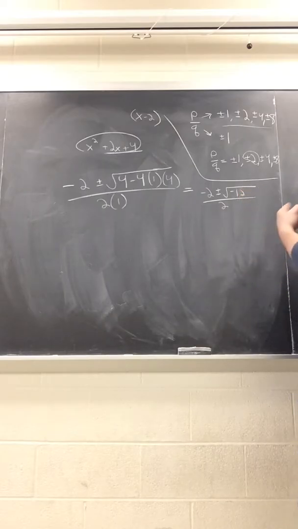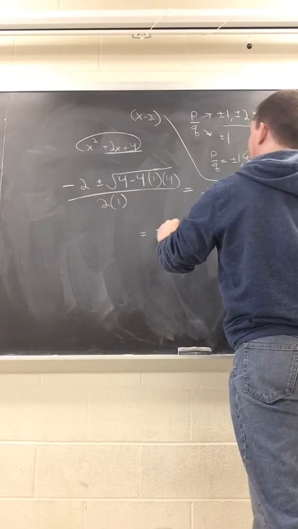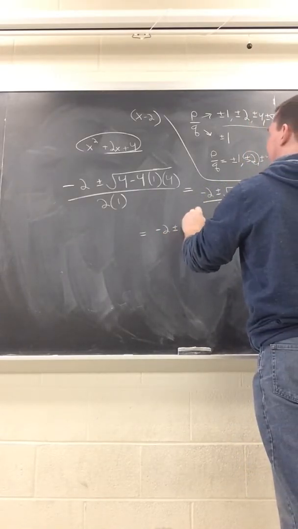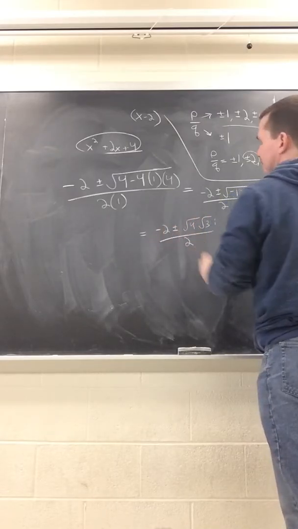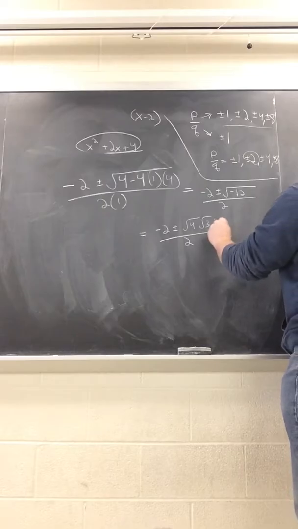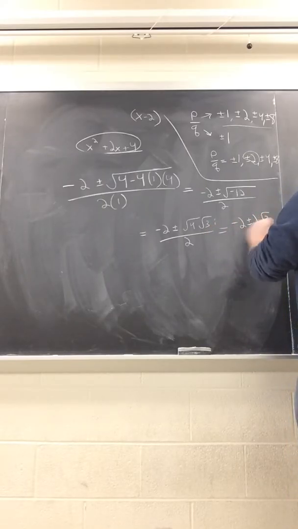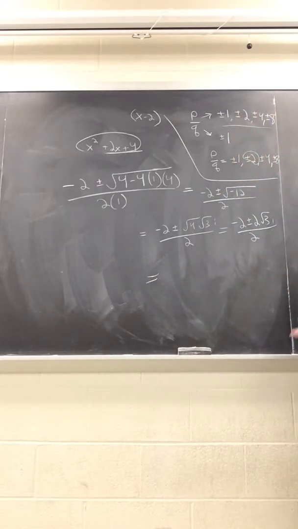We can simplify this out. We recognize it's a complex number. And I get negative 2 plus or minus, 12 is equal to 4 times 3. So root 4 times root 3 times i, all over 2. Which becomes negative 2 plus or minus 2 root 3i, all over 2. And now just really quickly simplify it and put it in standard form.